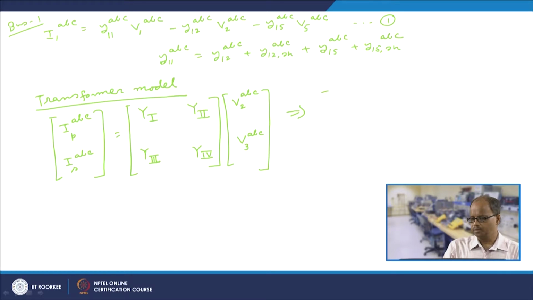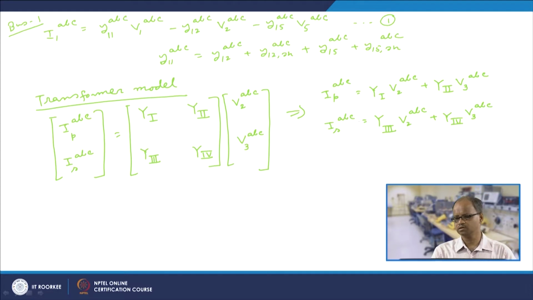So, IP ABC can be written as Y1 V2 ABC plus Y2 V3 ABC, and IS ABC can be written as Y3 V2 ABC plus Y4 V3 ABC.